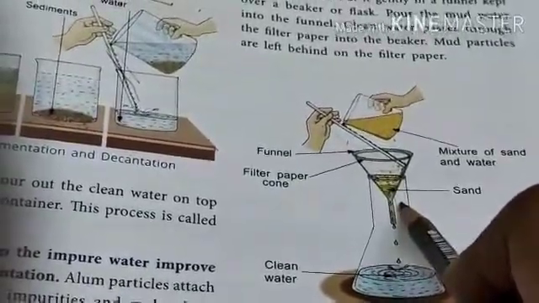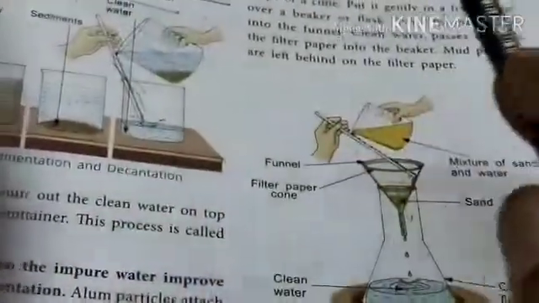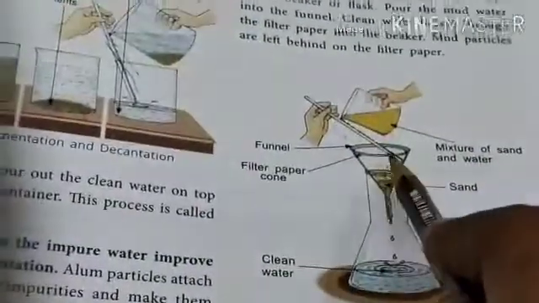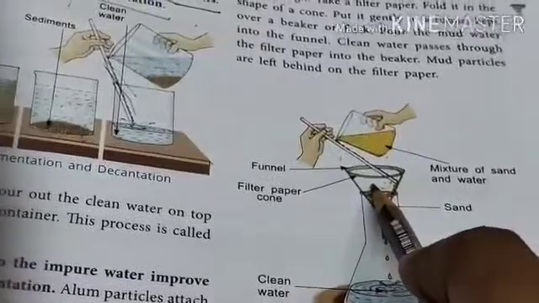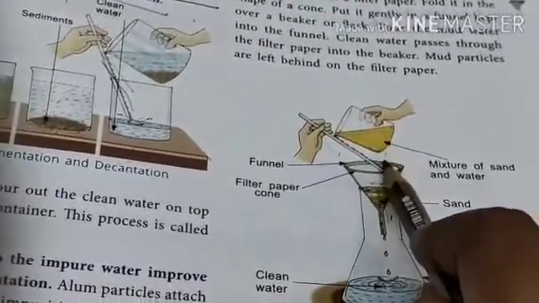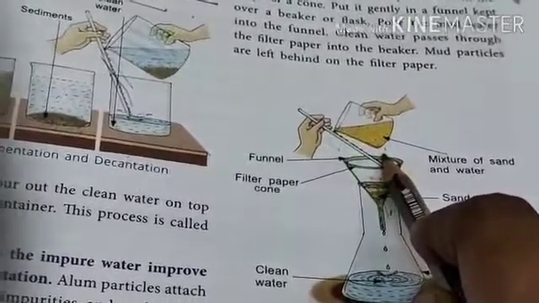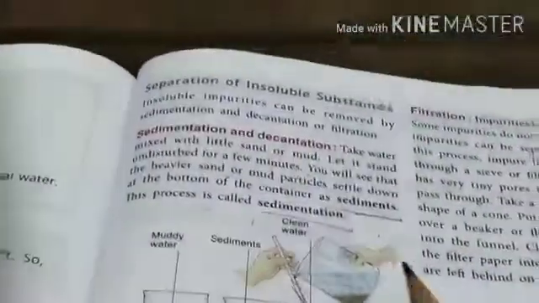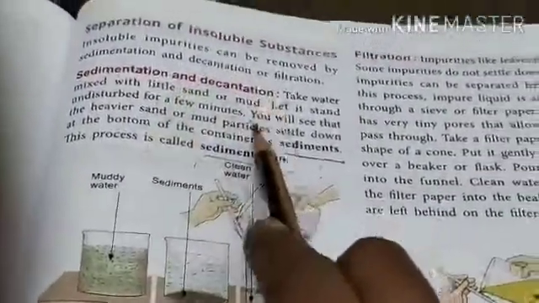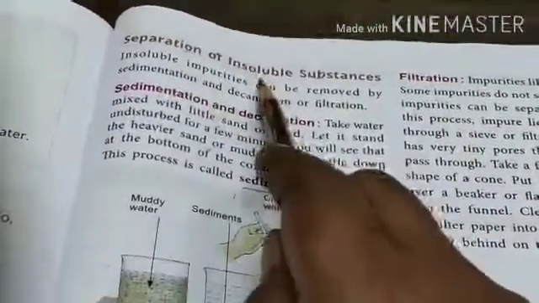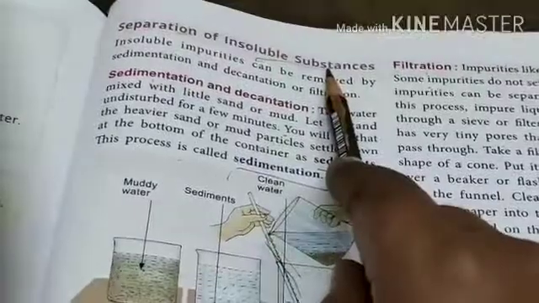But again what we do, we put a fine cloth and then we filter it. In the same way, the filter paper also helps in filtering the impure things. So children, we can use these methods of sedimentation, decantation and filtration to separate insoluble substances.